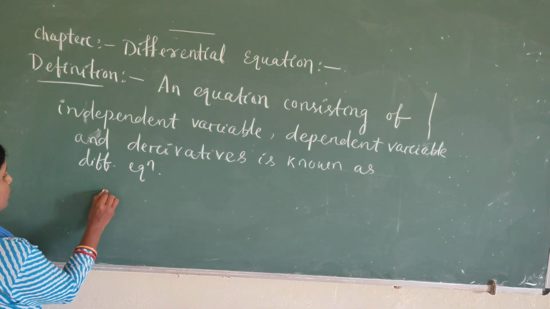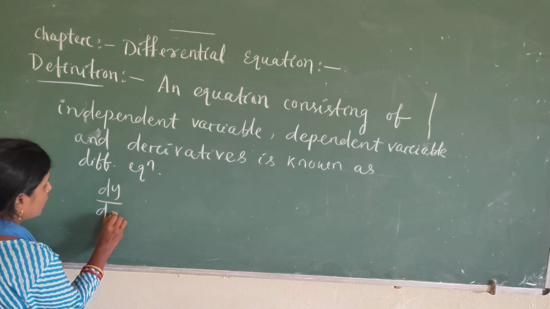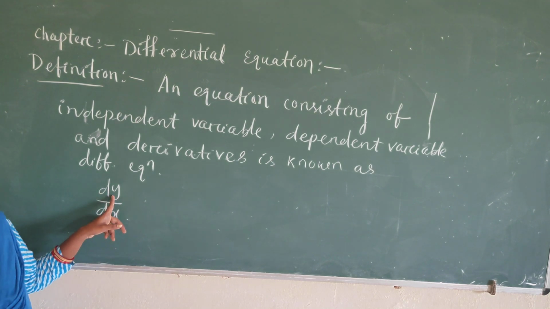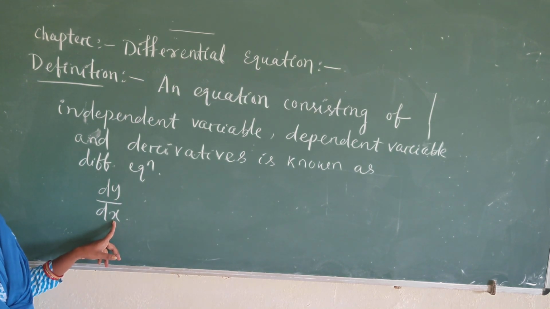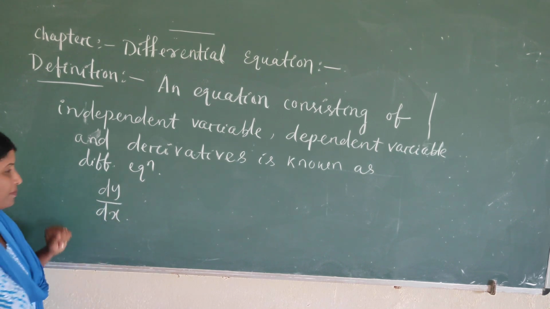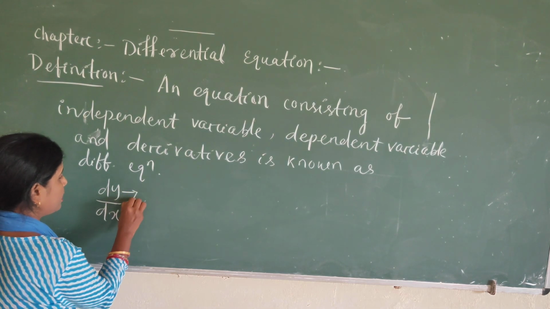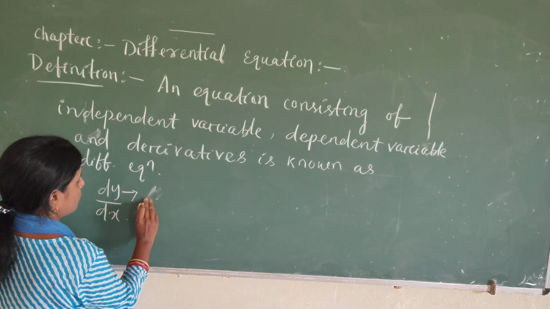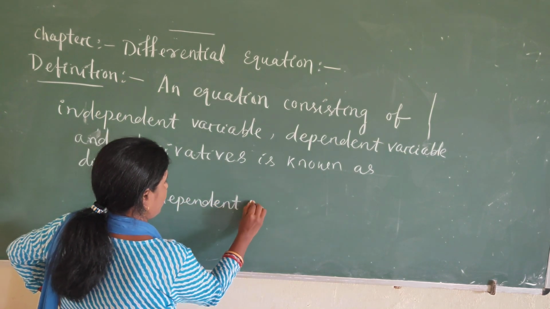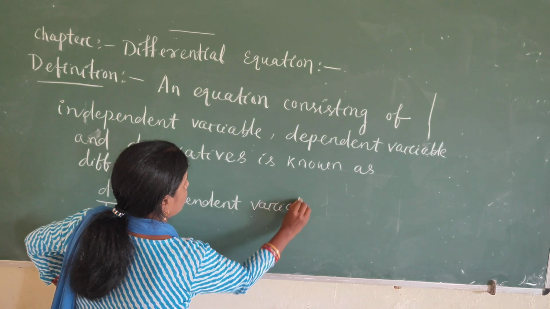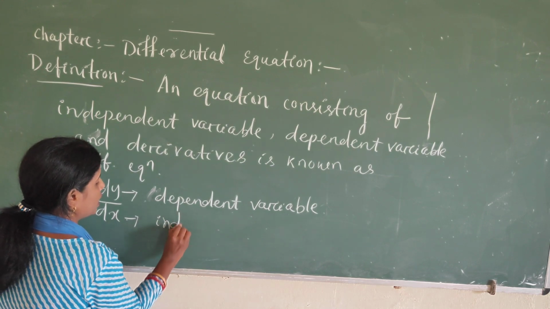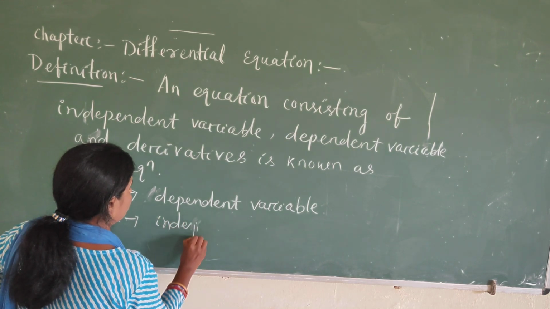What is an independent variable? Suppose I write dy by dx. That means derivative of y with respect to x, where y is the dependent variable and x is our independent variable.